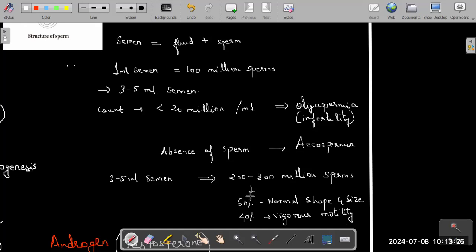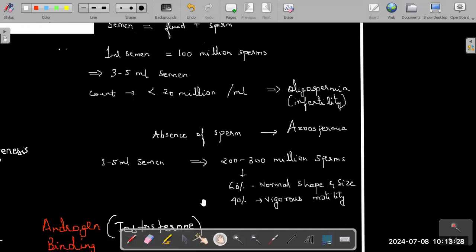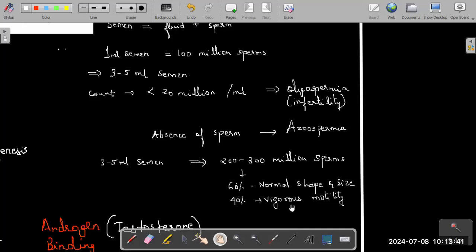Only then are the chances of the sperm being active and reaching the egg good. So fertilization can take place if 60% have normal size and shape and 40% have vigorous motility. This condition is important for normal fertility.